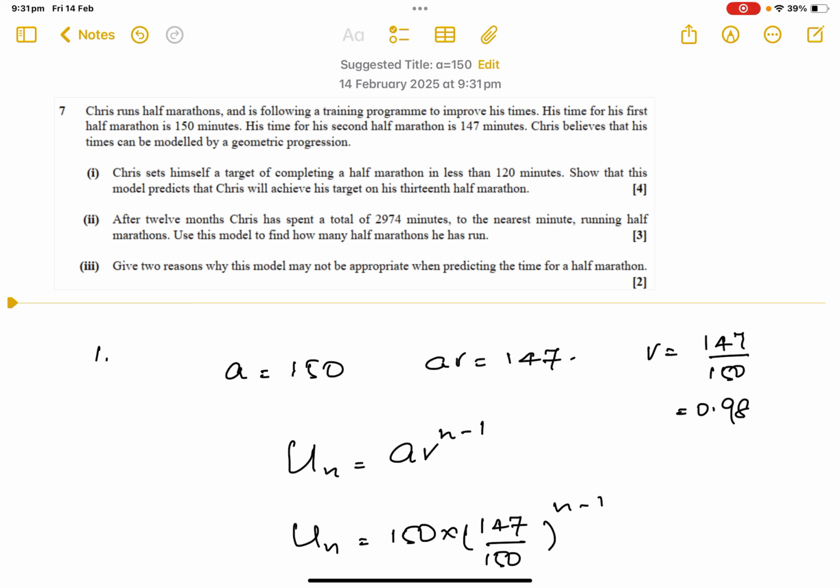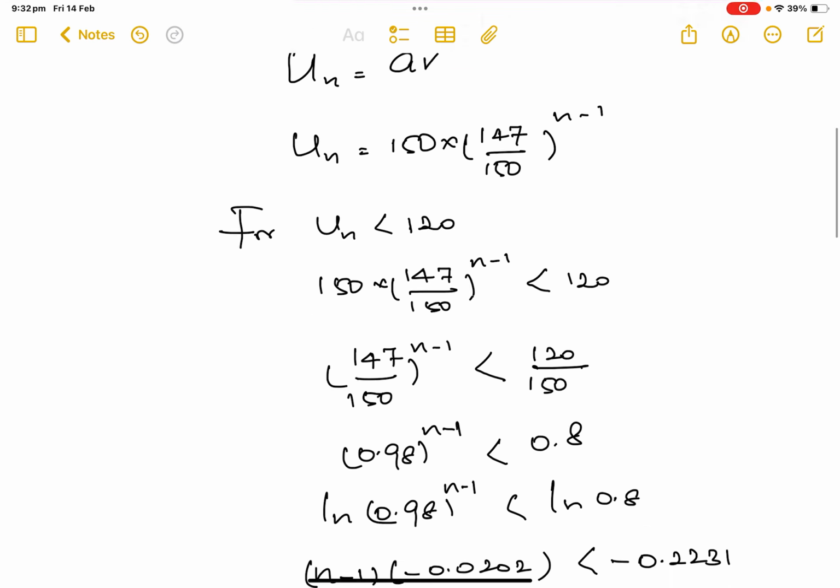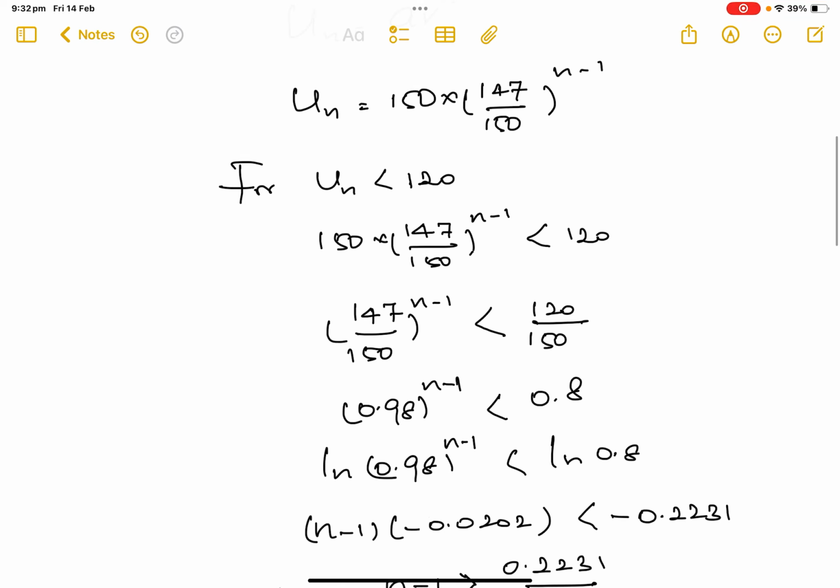Right, okay. The second part: after 12 months, Chris has spent a total of 2974 minutes, to the nearest minute, running half marathons. Use this model to find how many half marathons he has run. So the model is the geometric progression.